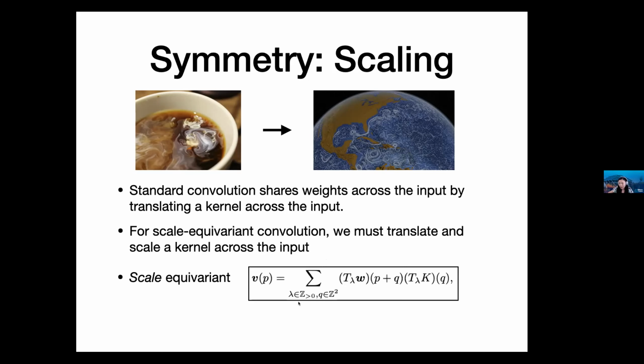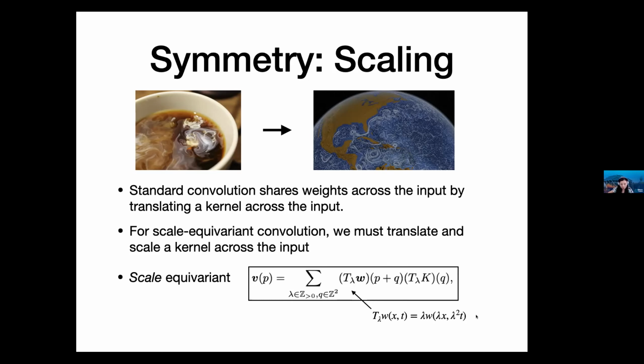We are looking at different scales, and lambda is a scale parameter. So T of lambda is a scaling operator. When we translate along the velocity field P and Q, we scale the input velocity x by lambda, and according to the scaling laws in the Navier-Stokes equation, this operator scales the space by lambda and the time by lambda squared.